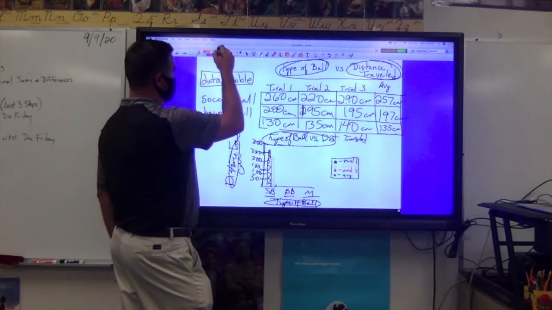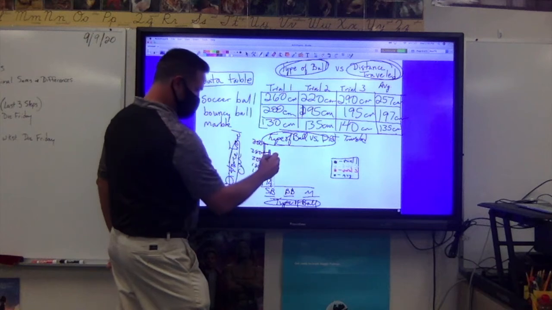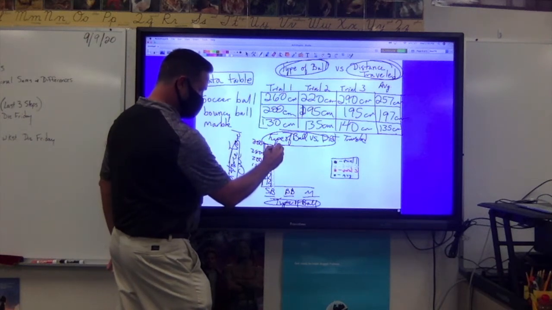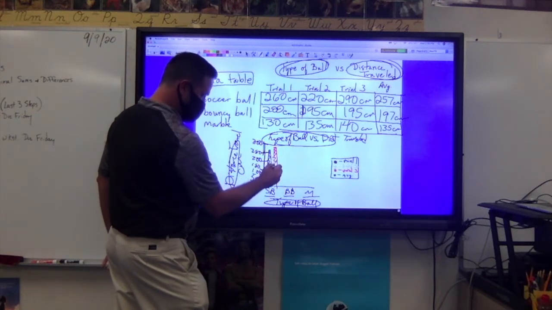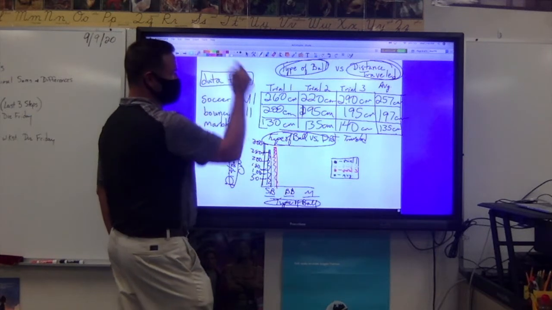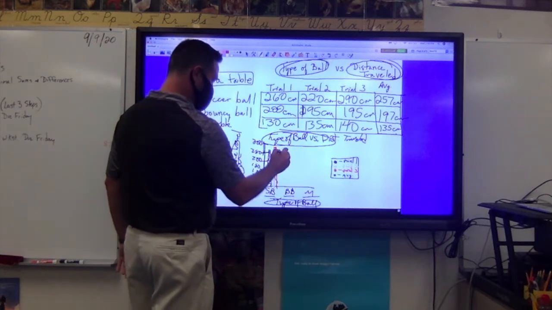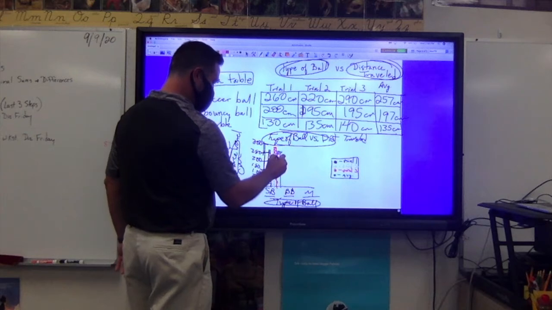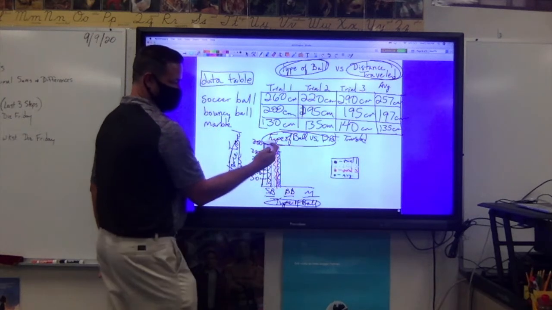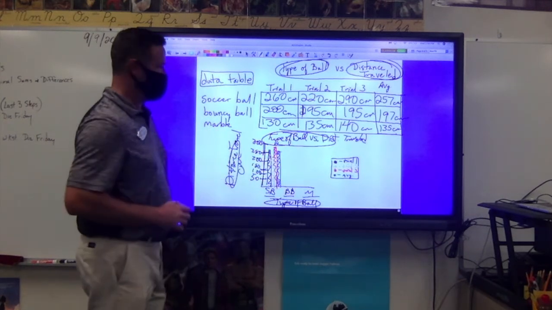Then I would do 290. Red, almost up to the 300. And then, of course, my last one is the average, and it's going to be 257. And if you do this correctly, your average should always be somewhere between your tallest and your shortest lines.